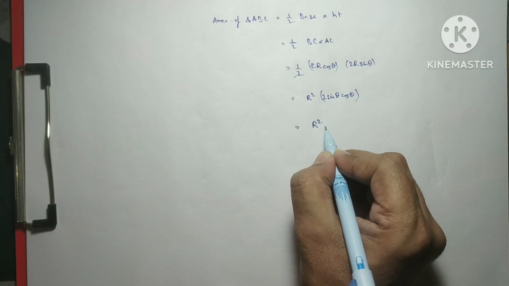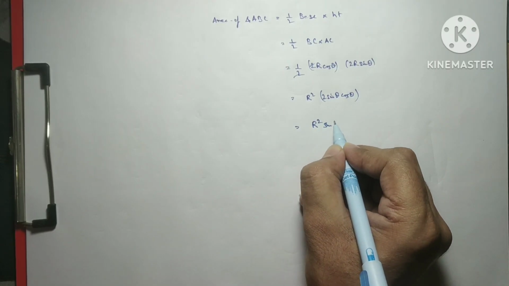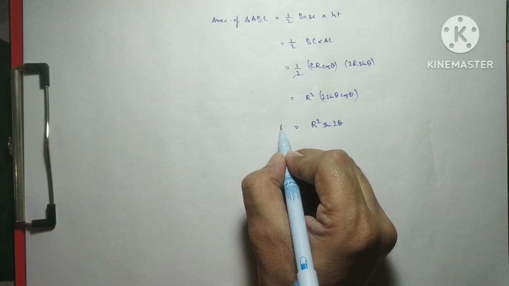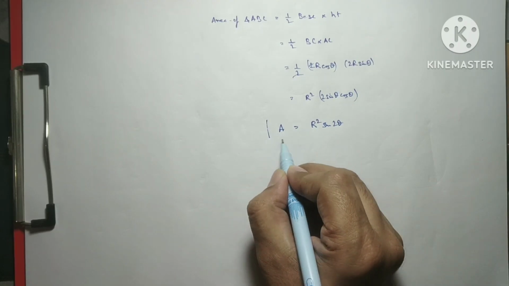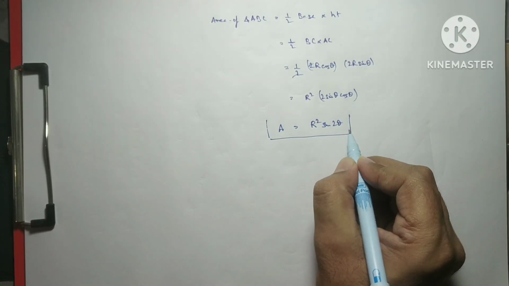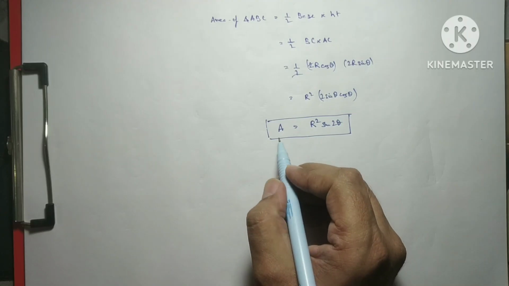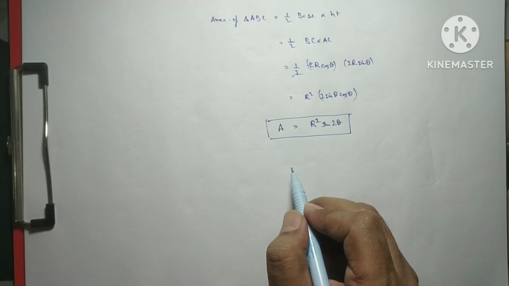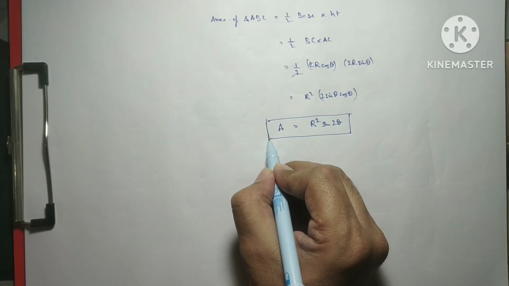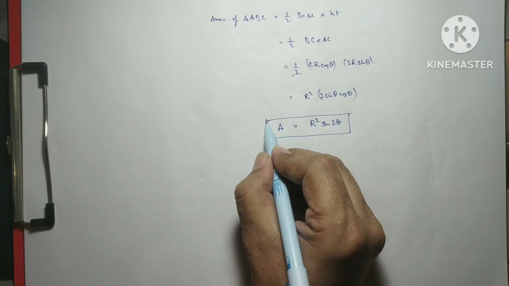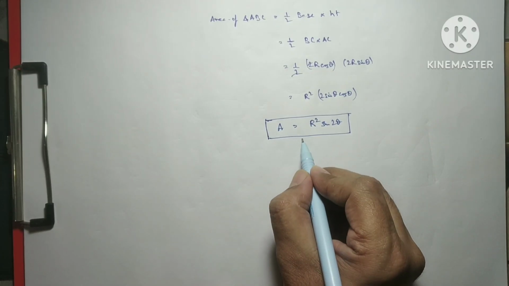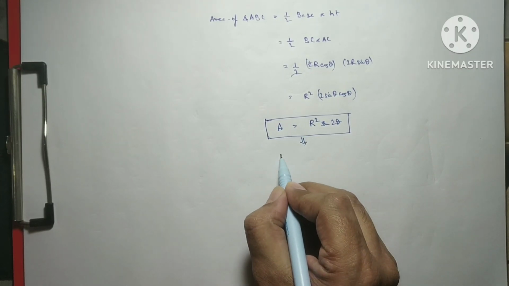So we have r square sin 2 theta as the area of the triangle. So we have a task to prove it maximum. So area should be maximum. For detecting this, we will apply the second derivative test.